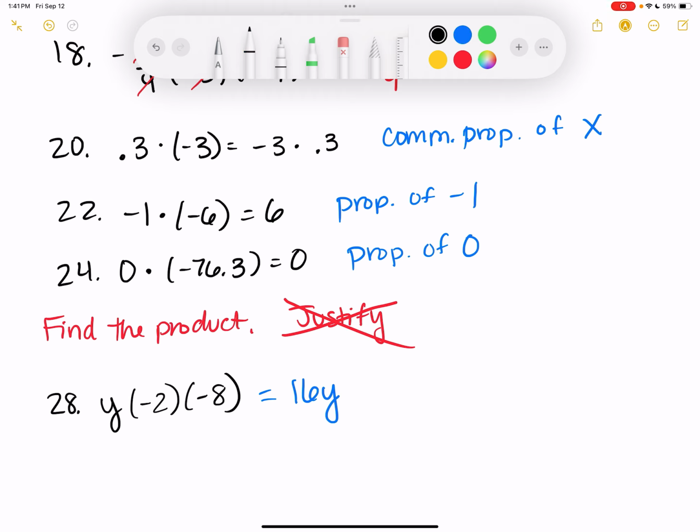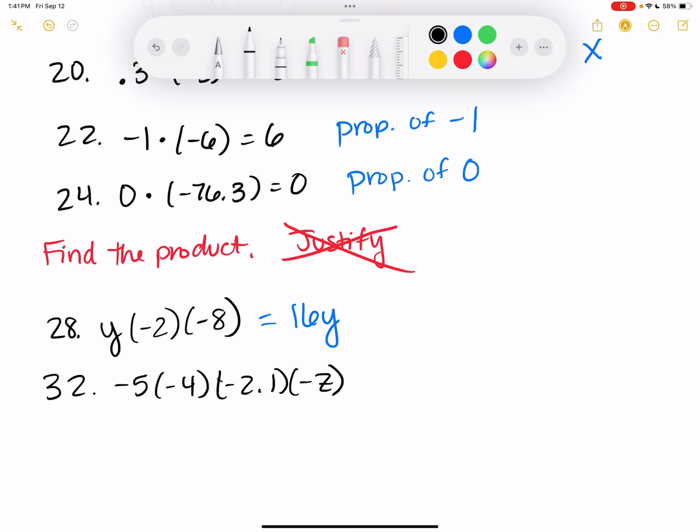32. -5 times -4 times -2.1 times -z. So I have a negative times a negative times a negative times a negative. So is my answer going to be positive or negative? Positive, because a negative times a negative is positive.